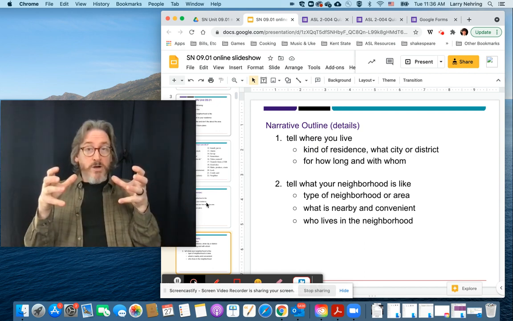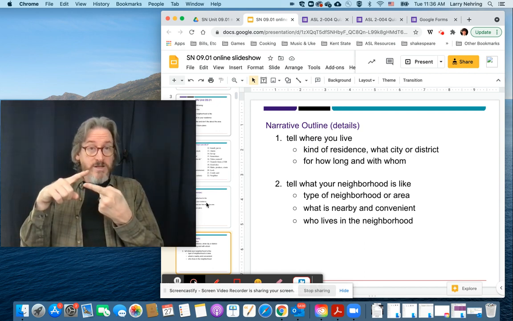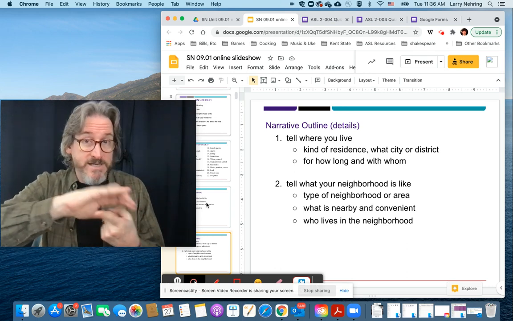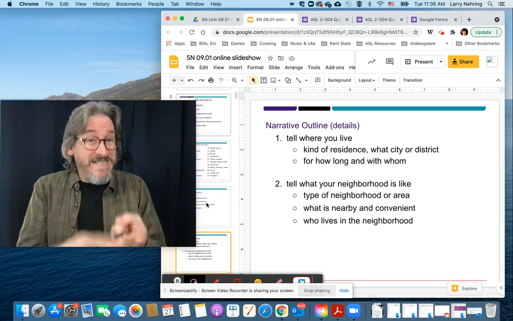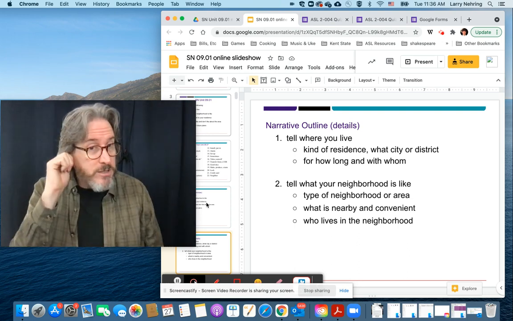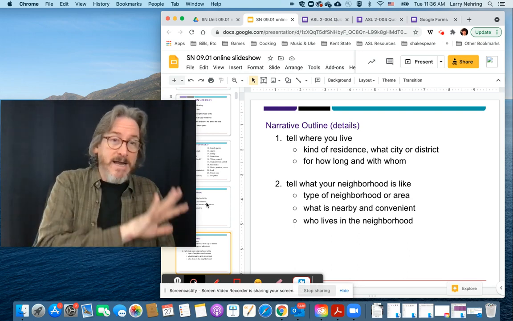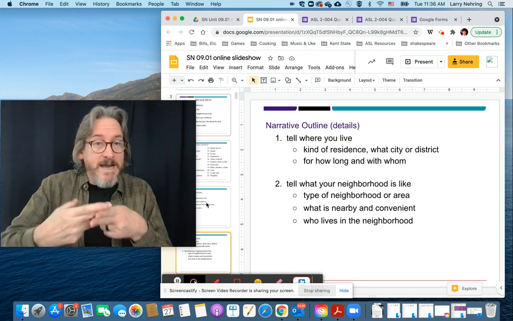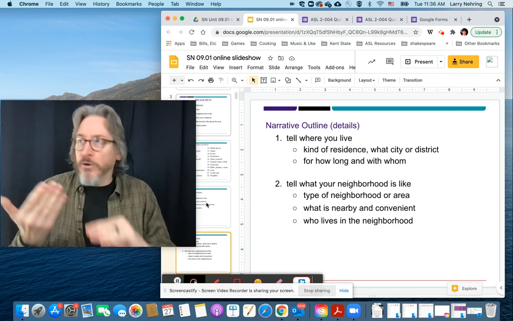Now, when we talk about where you live, we have different points that you can add in. Again, what kind of residence you live in, what's the city name, what is the district if there's a neighborhood, if you live on the west side, the east side, the south side, or if it's got a name, Chinatown.